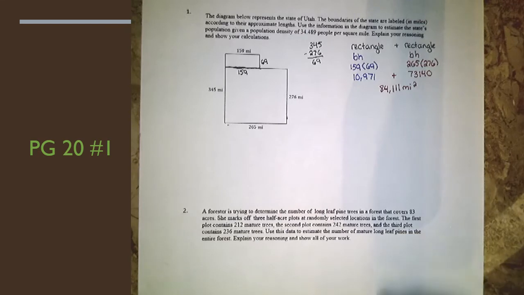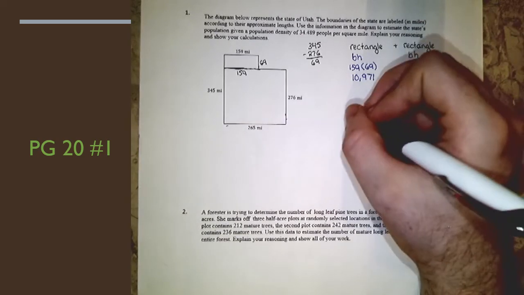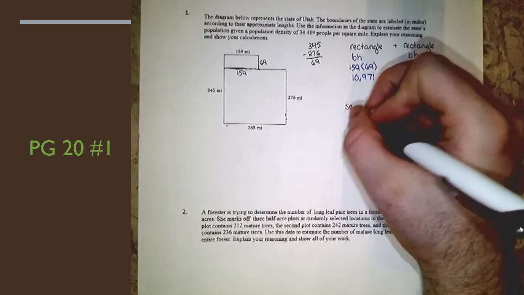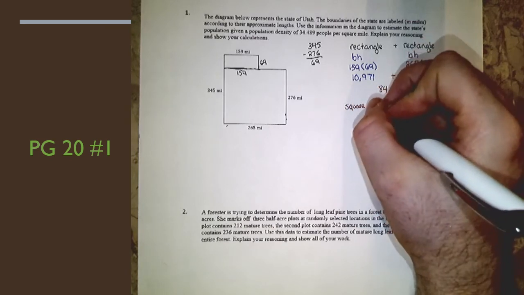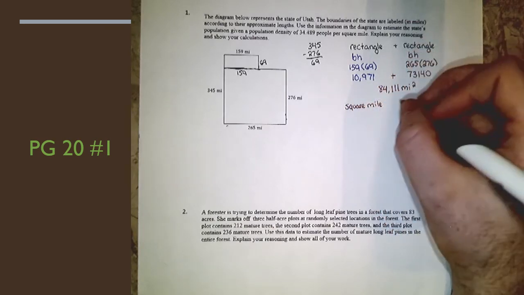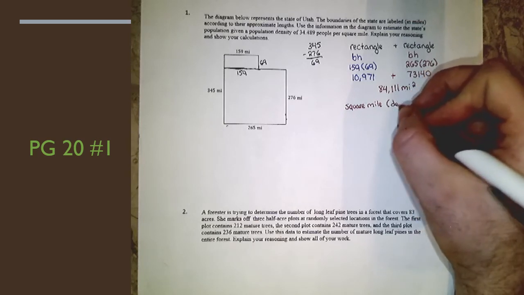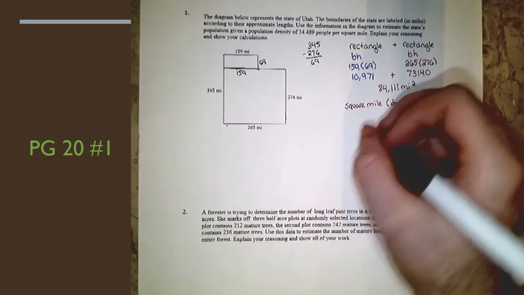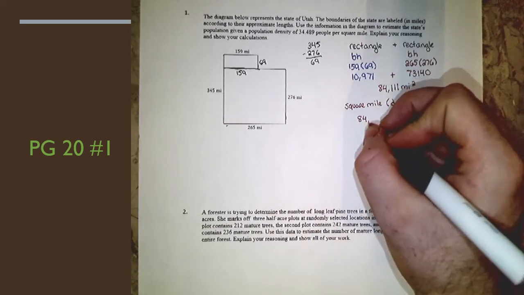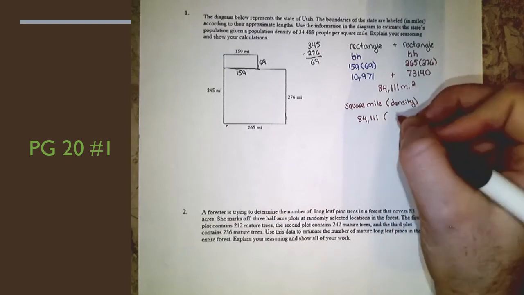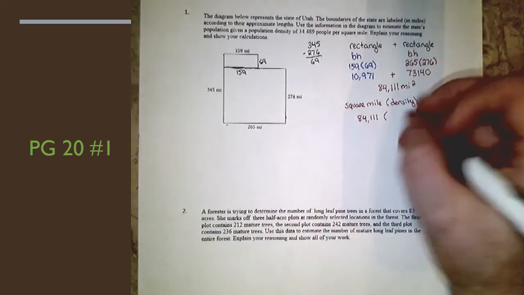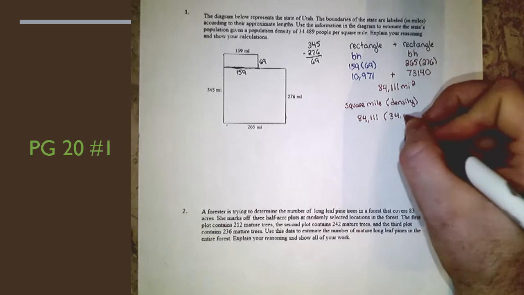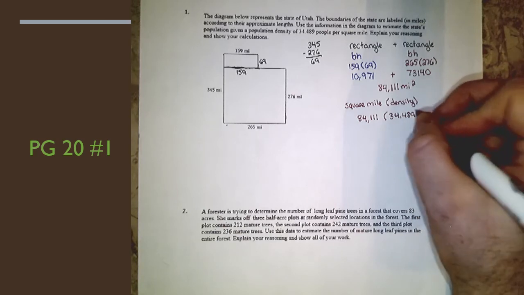So to find the total population, you want to take your square miles and multiply it with the density. So I'm going to do my 84,111. That has to multiply with the density they gave us, 34.489.